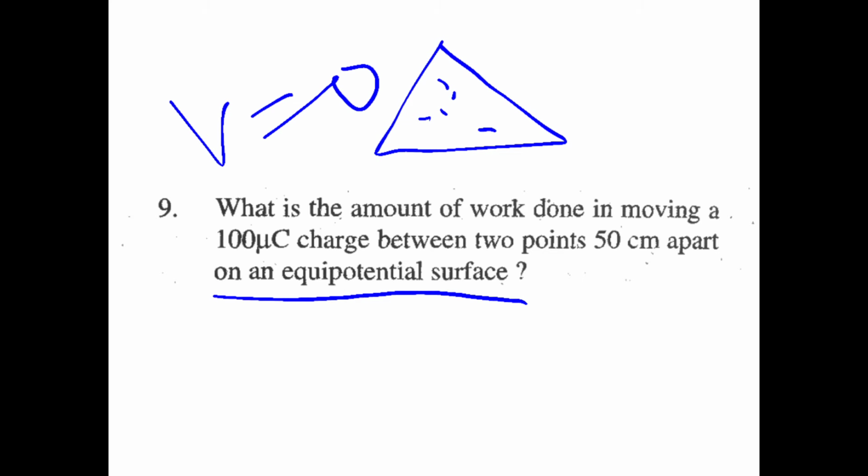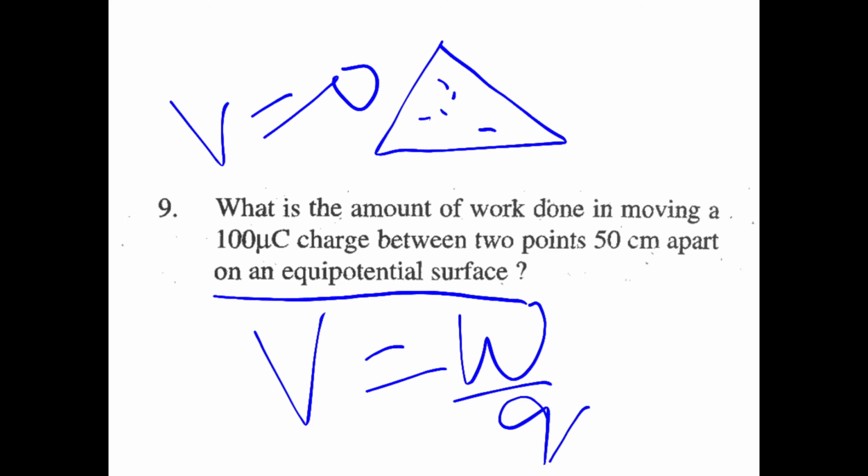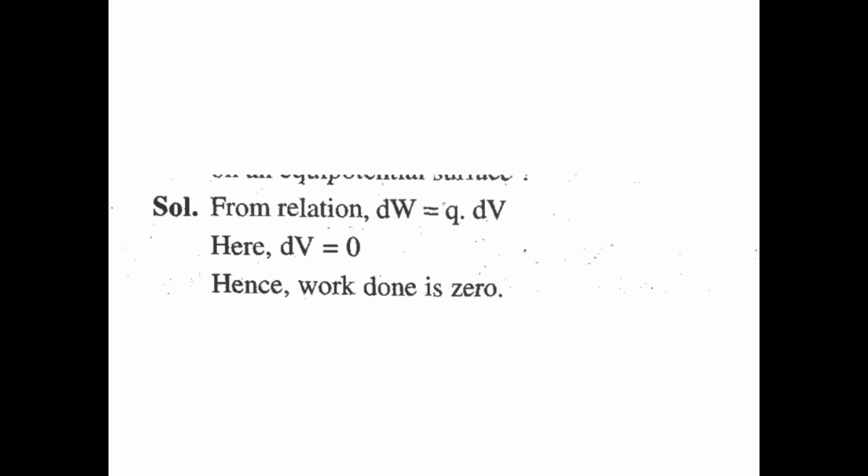We know the relation that V is equal to work done per charge. So if V is equal to 0, work done W is equal to VQ, that is equal to 0 also. This is very easy for you. You have to use your knowledge.